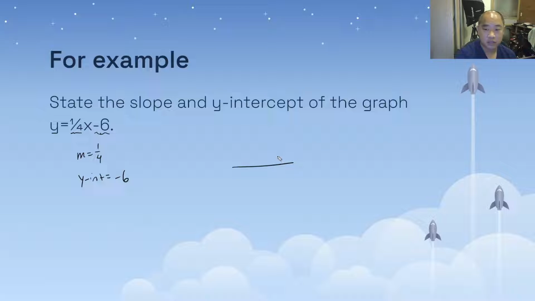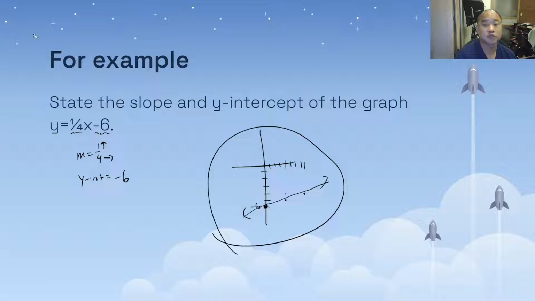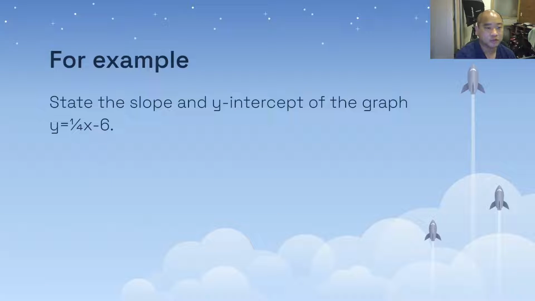So if we were to look at a graph, it would cross at -6, right here. And it would go up 1 and to the right 4. Up 1, to the right 1, 2, 3, 4, and then up 1 and to the right 4 again. It would look like this. You don't need to do this part. I'm just illustrating for you how this works.